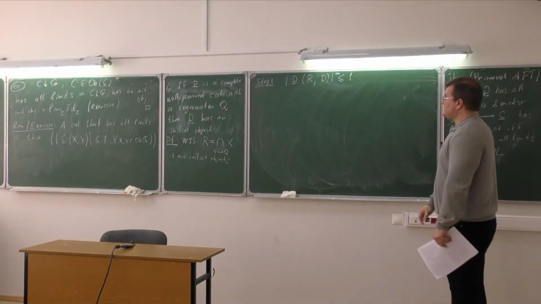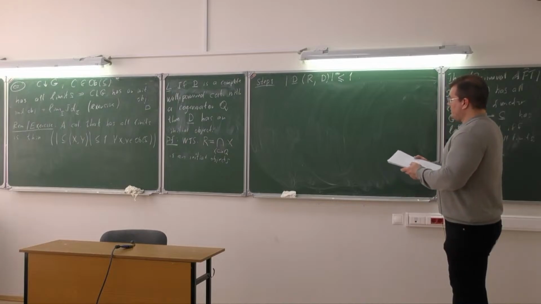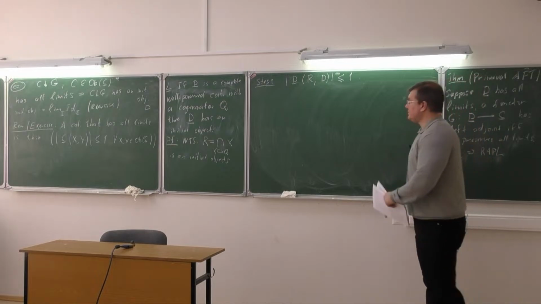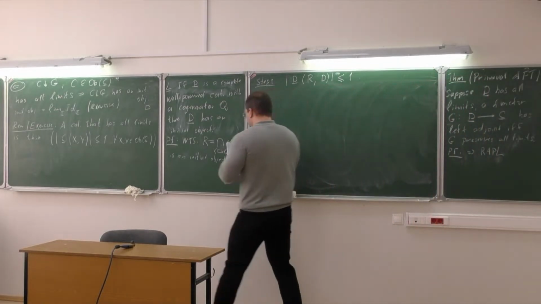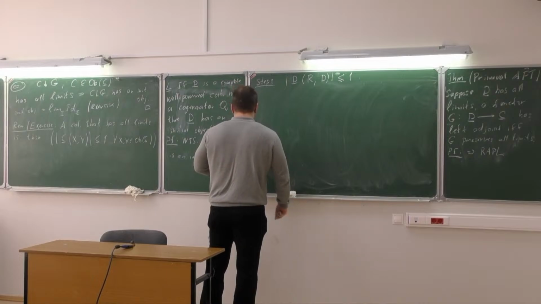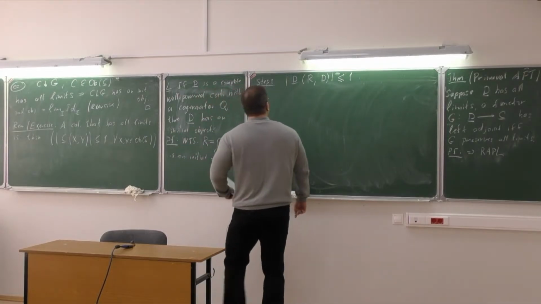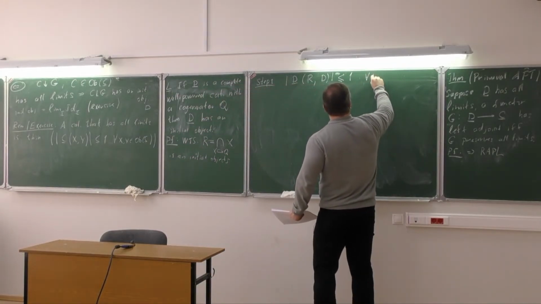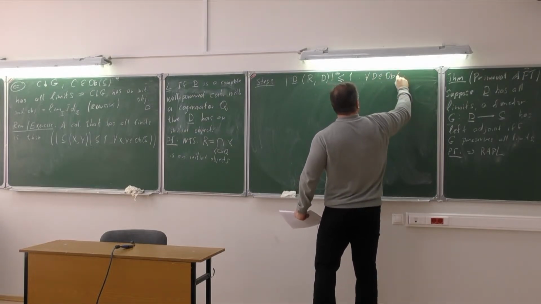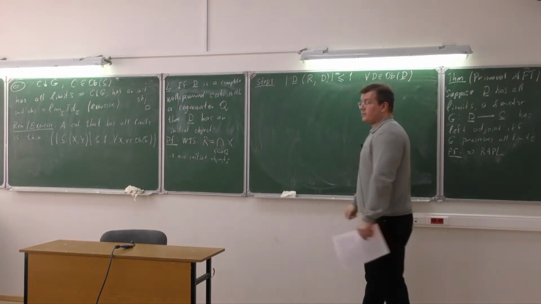And then in step 2, I will show that such a set is always non-empty. Hence, this is an initial object. Okay, so for the first step, this is for any D which is an object in the category D.